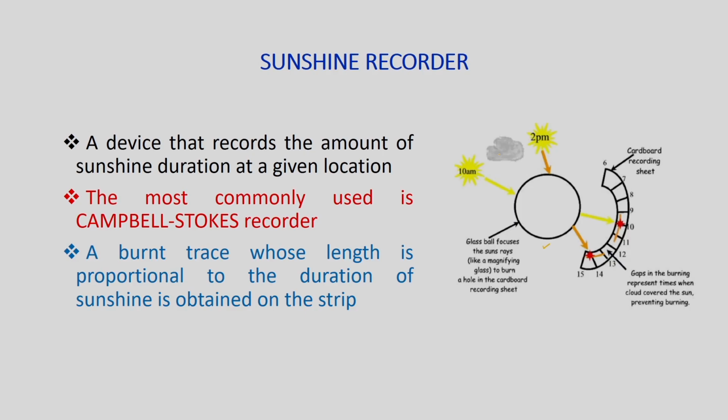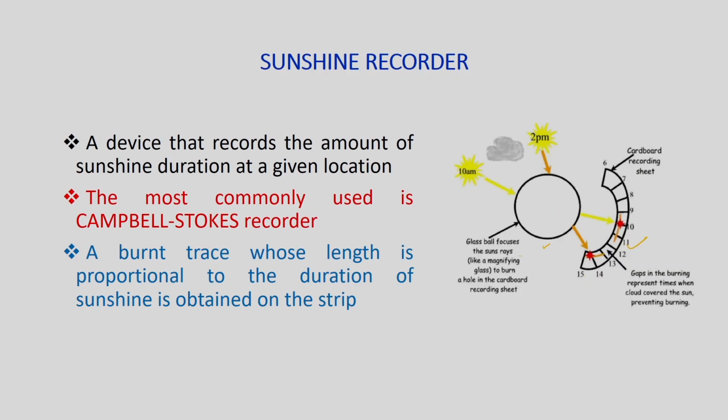Solar radiation is focused by this glass sphere to a point on the paper strip, which is held concentrically with respect to this glass envelope, and there is a groove where we can fix this paper strip.